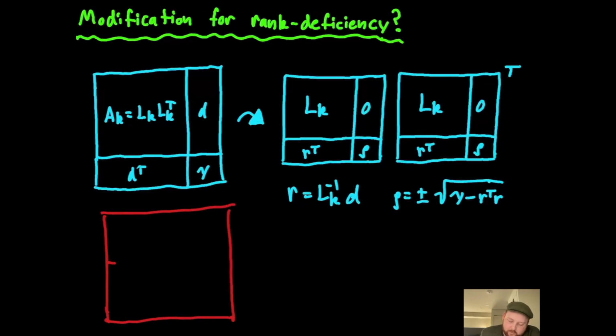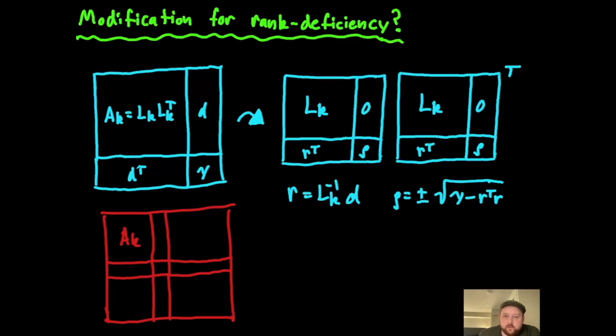So here's what AK looks like, and then here's the new row in the k plus 1 step and the new column. Because I got row being 0 in that new Cholesky factor, I'm going to take this whole column and permute it away, maybe to the very end.